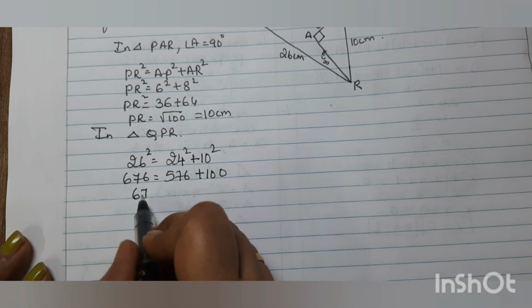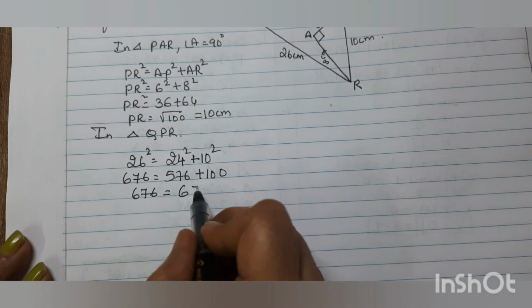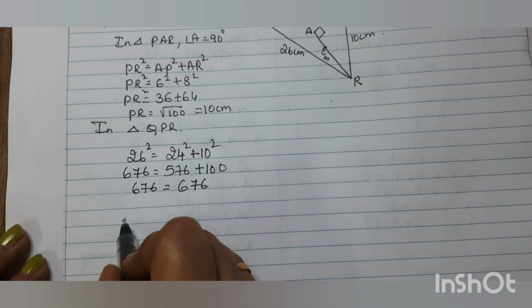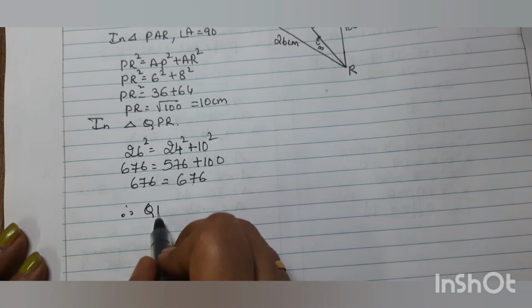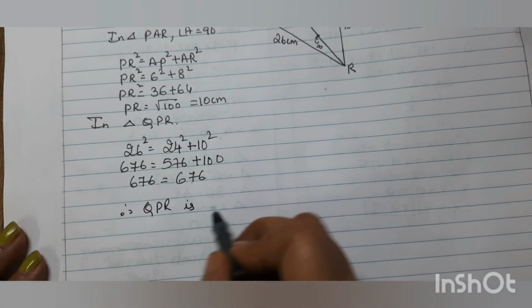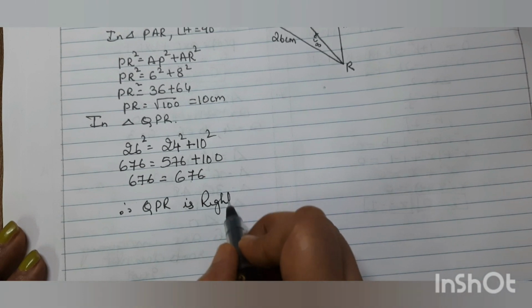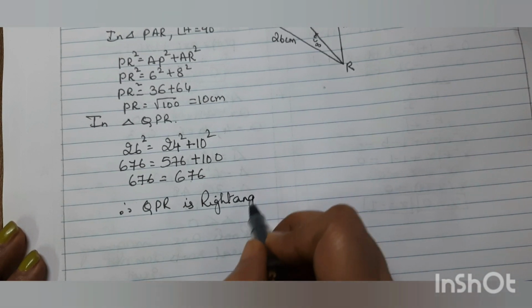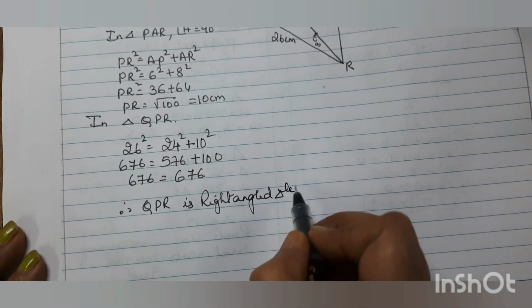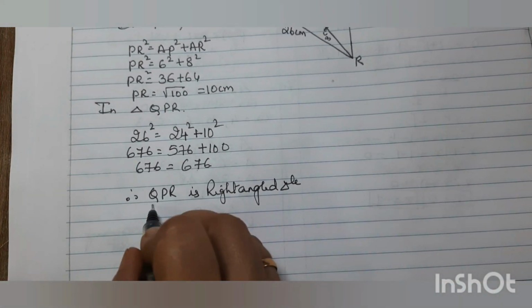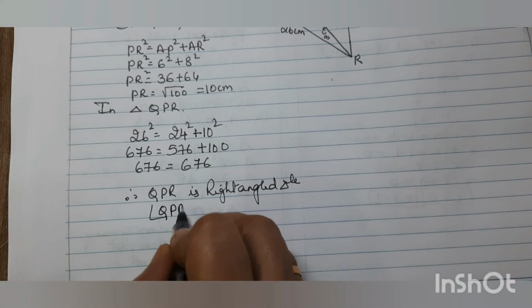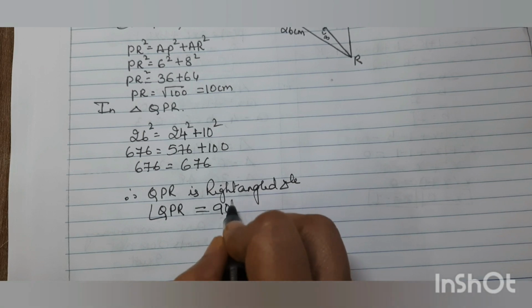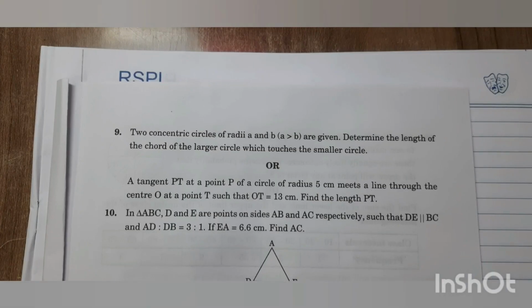Yes, 676 is equal to 676. Therefore, QPR is a right angle triangle with QR as hypotenuse. So angle QPR will be 90 degrees.